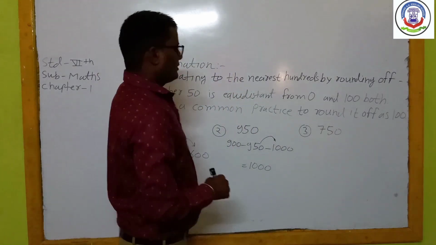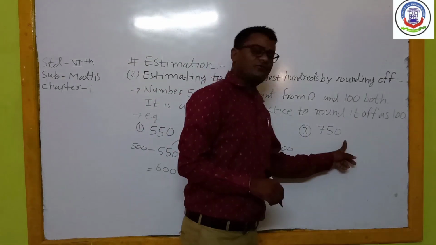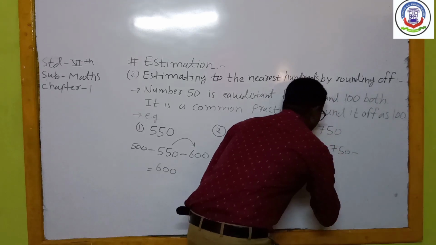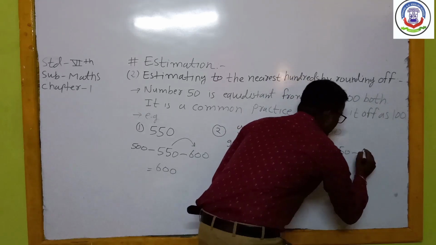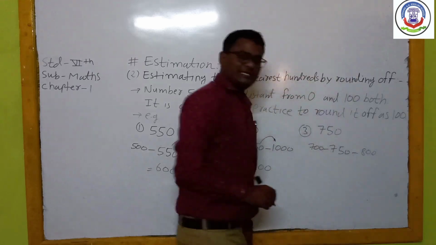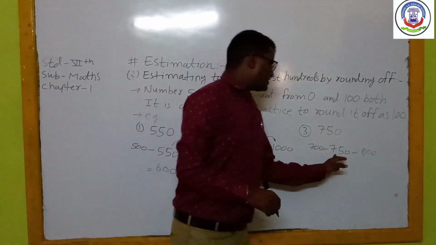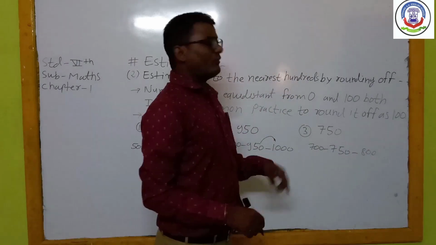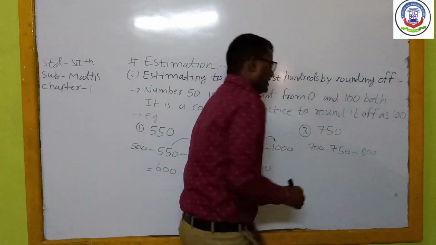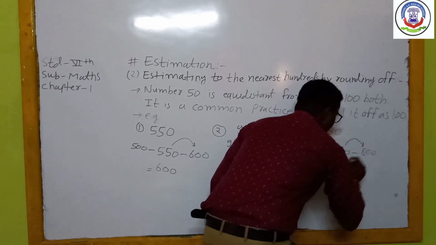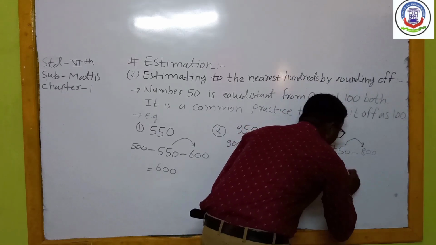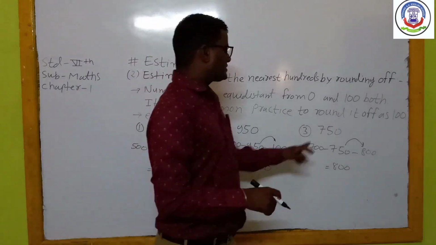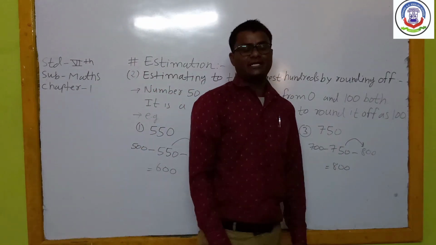Okay students, in question 3, 750 lies between 700 and 800. Okay, now 750 is equidistant from both 700 and 800, but we will round it off as 800. So the required rounded off number of 750 is 800.